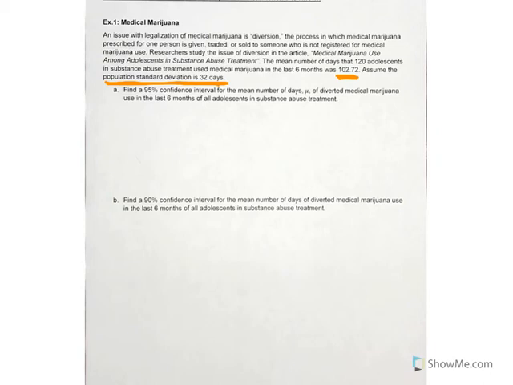So on A, we're going to do a 95% confidence interval on the number of days. So let's plug in. We're going to say, and I'll write the formula again.